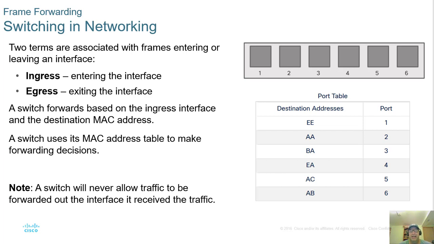Gratuitous ARP is a message that is sent that checks to see if another device on the network is using the IP address that that device is using. So let's take an example. A PC has an IP address of 192.168.10.1. The PC wants to make sure that it can communicate on the network, and it wants to make sure it's the only 192.168.10.1 that is out there.